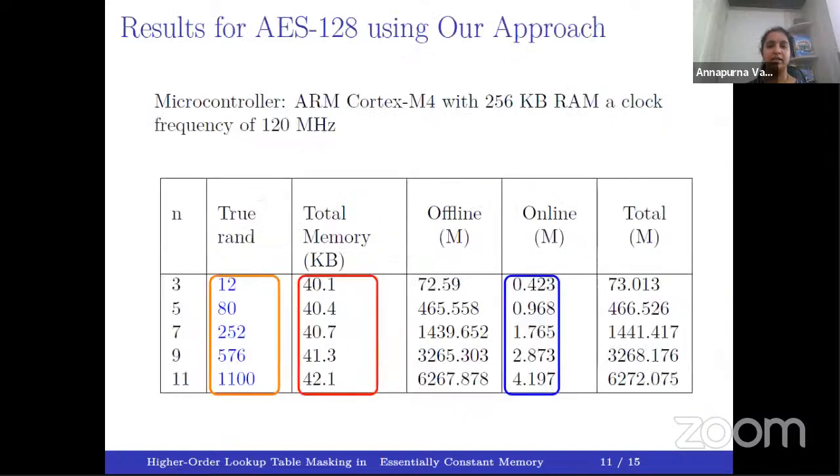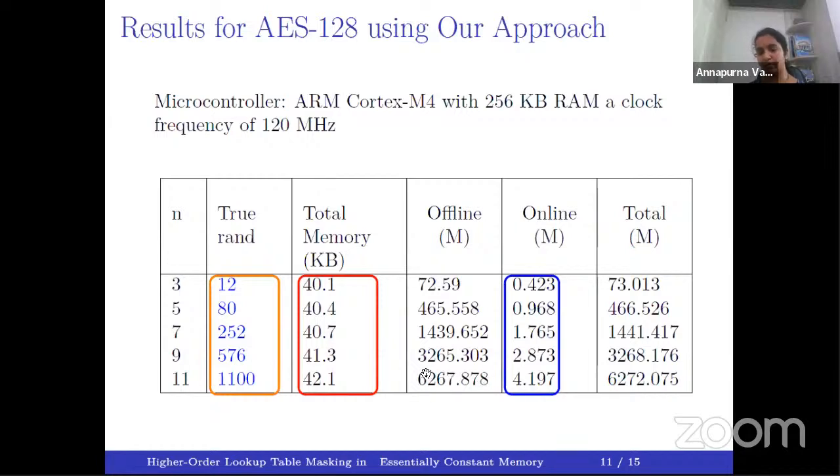And finally, the results. This is for a multi-PRG construction of AES 128. We explore the orders of n equal to 3 to 11, which is up to 10th order security. We essentially require 42 KB of memory to store the pre-processed tables. And you can see that the online execution time is essentially 4 million clock cycles.